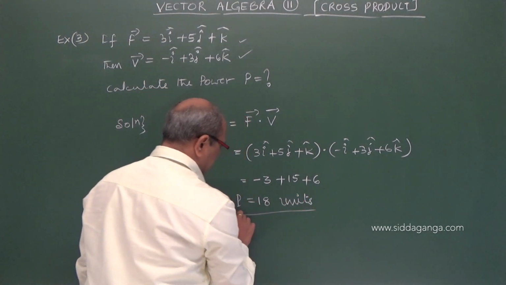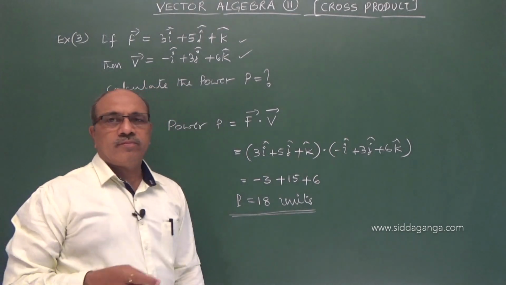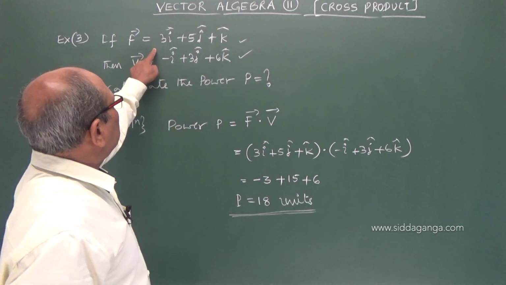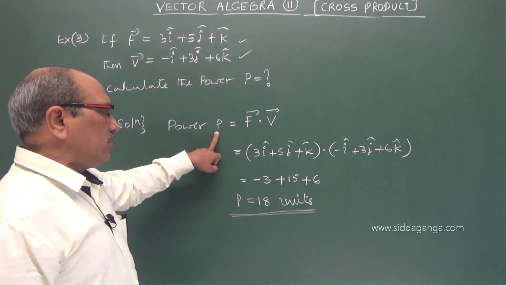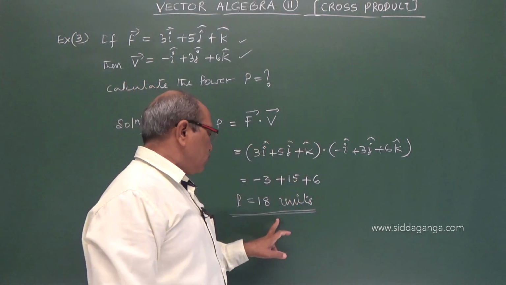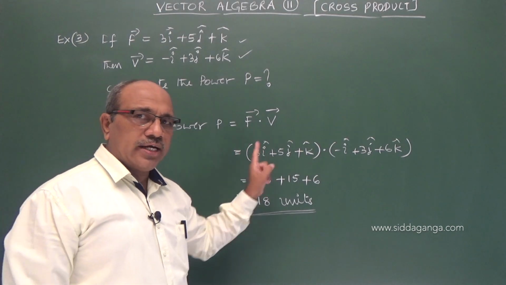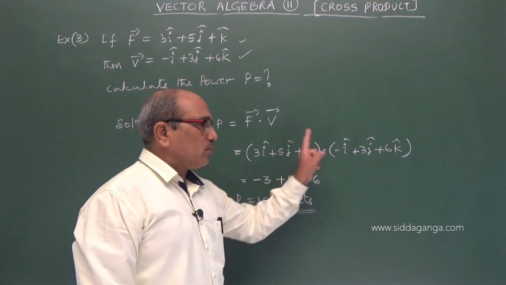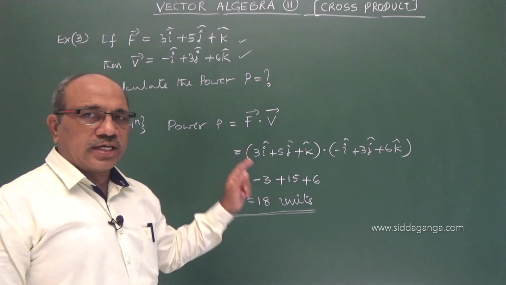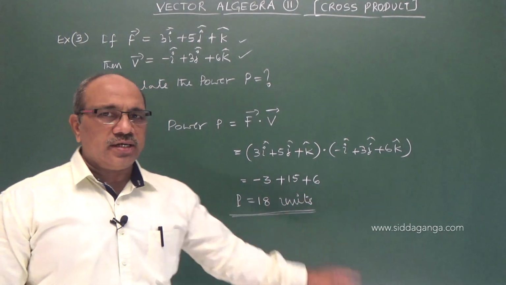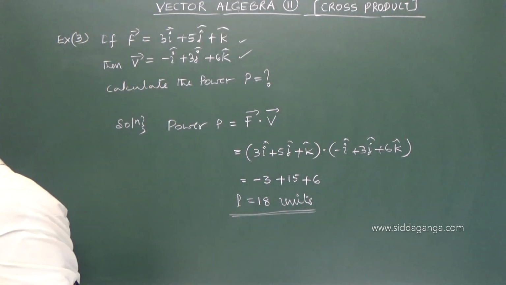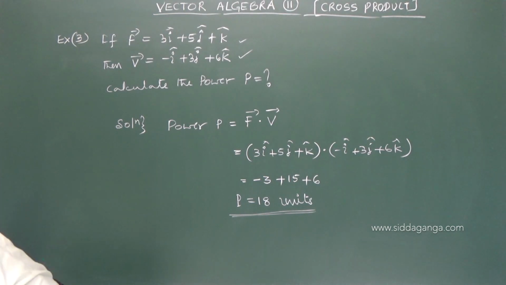The power experienced by the system. So they gave the force and velocity, and ask you to calculate the power. F dot V gives you the power value. Remember in the dot product, only i to i, j to j, k to k exist, in other dot values cancel. Simplify and get the answer. Let us see another problem.